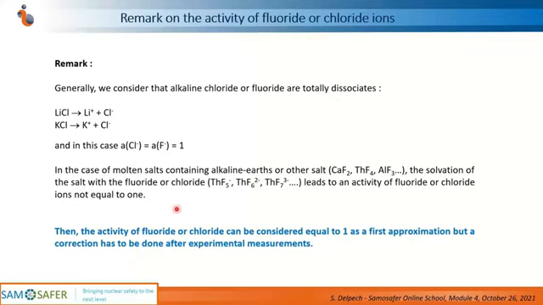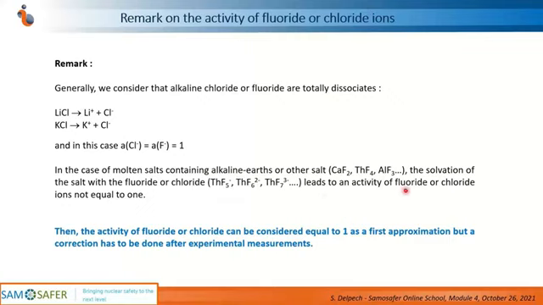But in the case of molten salts containing alkaline earths or other salts, as with calcium, thorium, aluminium, for example, there is solvation of the salt by the fluoride, and it's the same with chloride. So, for example, thorium fluoride can be solvated by fluorides to produce very big complexes with a lot of fluorides.